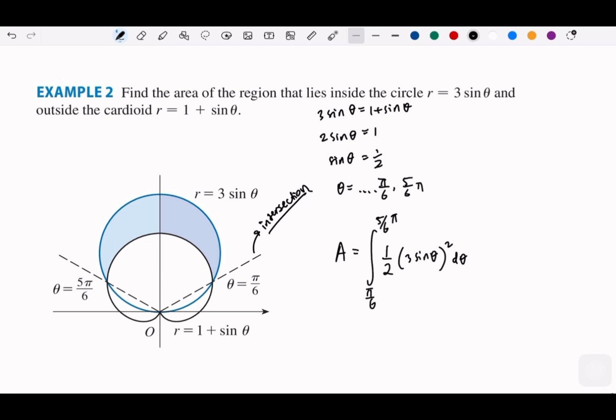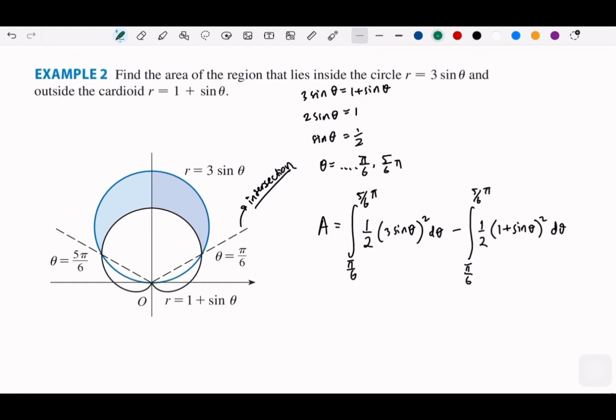So let me just draw in here. Let me write first. So this is from the circle, 3 sine theta, and this is the small one, I think make it smaller.